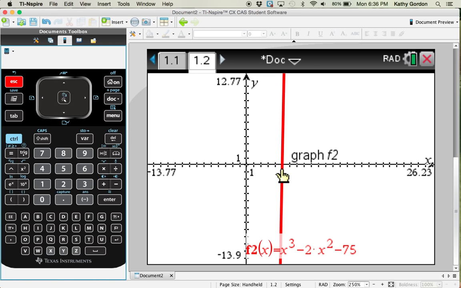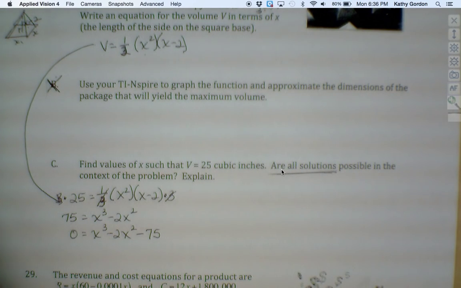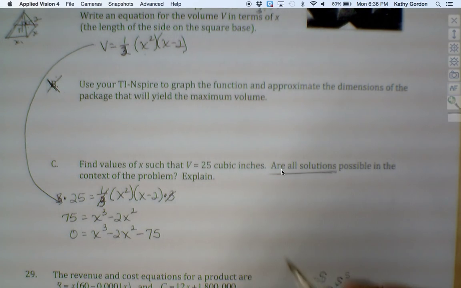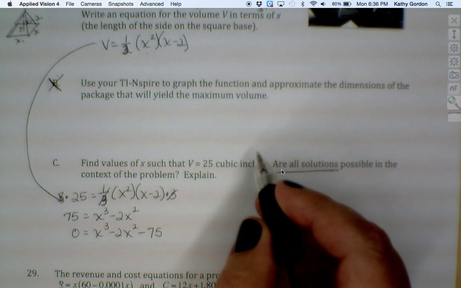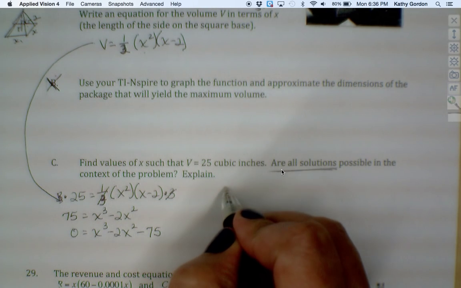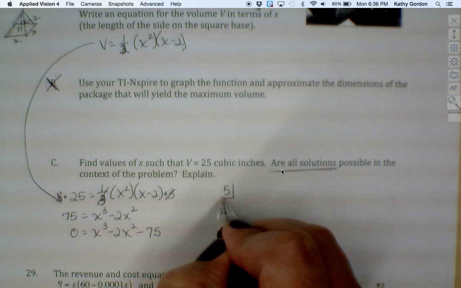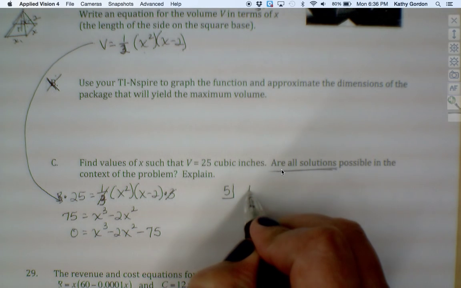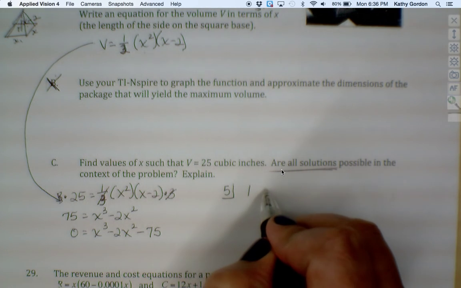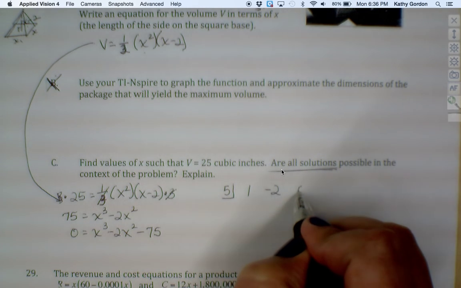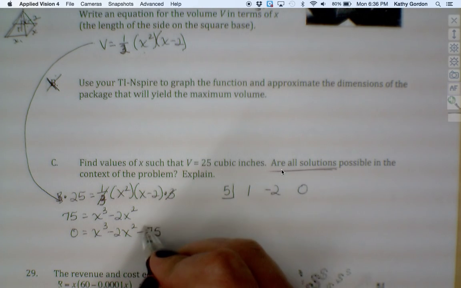Okay, now to check that, we can go back to our algebra and we can do some synthetic division. We can check the 5 out here. Make sure that when you set up the coefficients that you remember to include 0 for the x term that we're missing here.